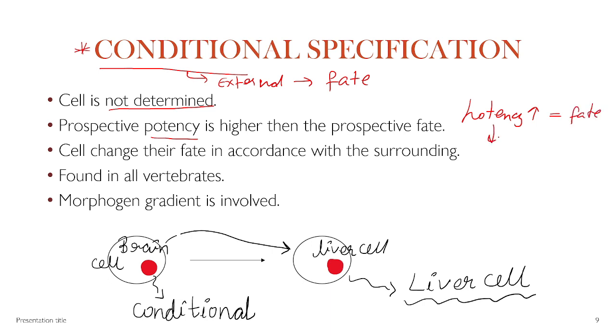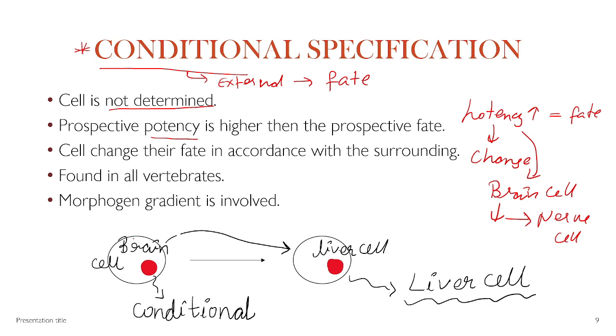So the cell may change its fate. Earlier it was becoming a brain cell. Now if we put it into another situation, another condition, it may change into a nerve cell. So the environmental condition or the condition of the surrounding is affecting that.